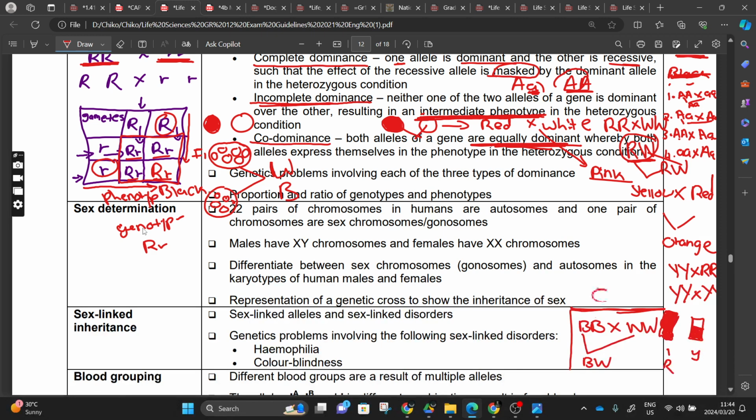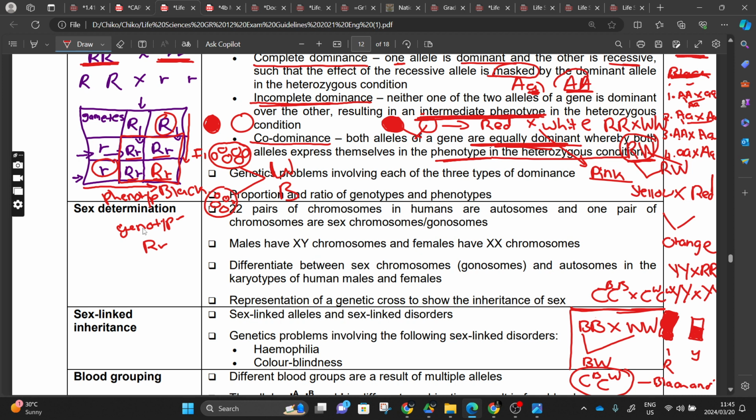Hence I told you that some books use CB multiplied by CW, to show that this color is now CB and codominant W. It means with codominance, the color here is neither black nor white, it's black and white equally. Both alleles express themselves in the phenotype in the heterozygous condition.